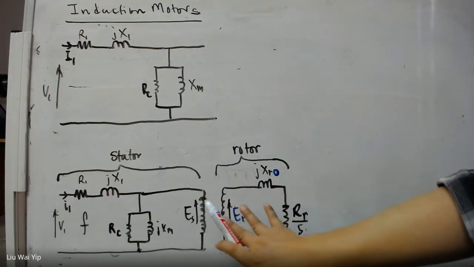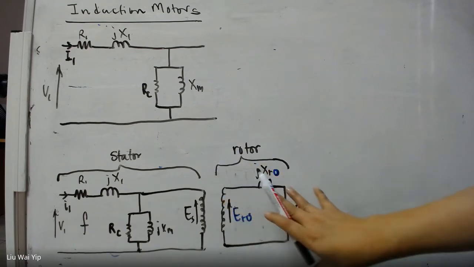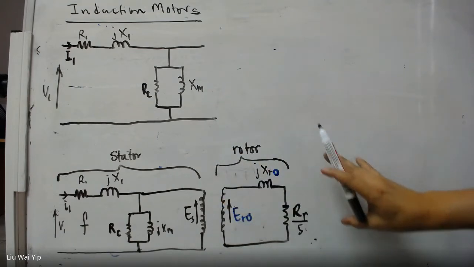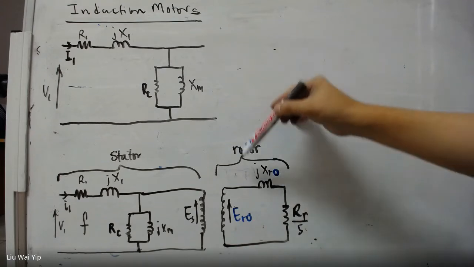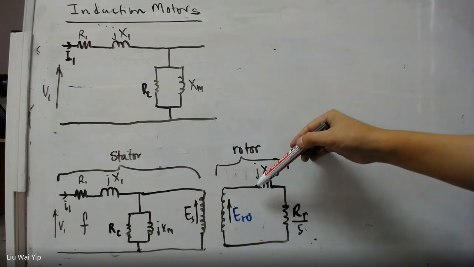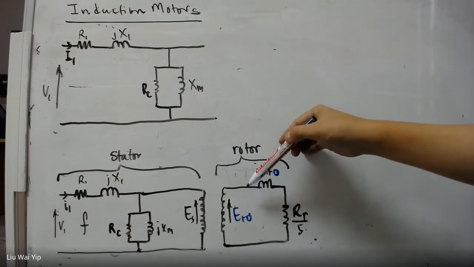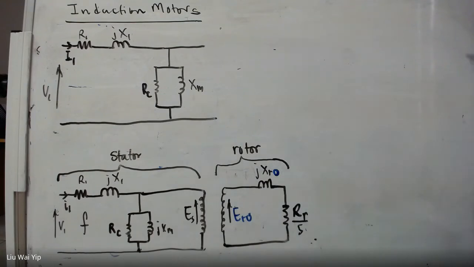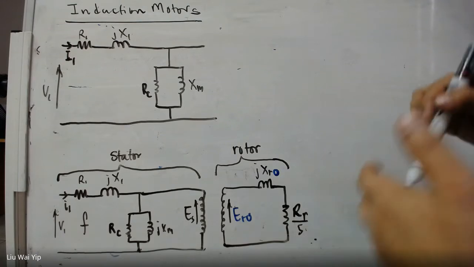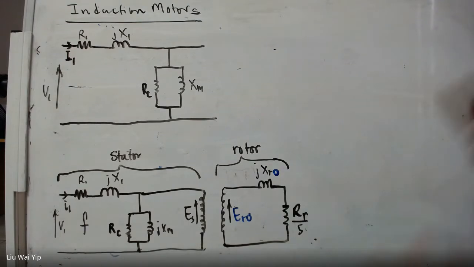But this time we are going to lump everything. We are going to refer all the parasitics in the secondary, in the rotor, to the primary. This is the way we model the transformer anyway. If we can do it for the transformer, we can equally do it for the induction motor. So let's do it.